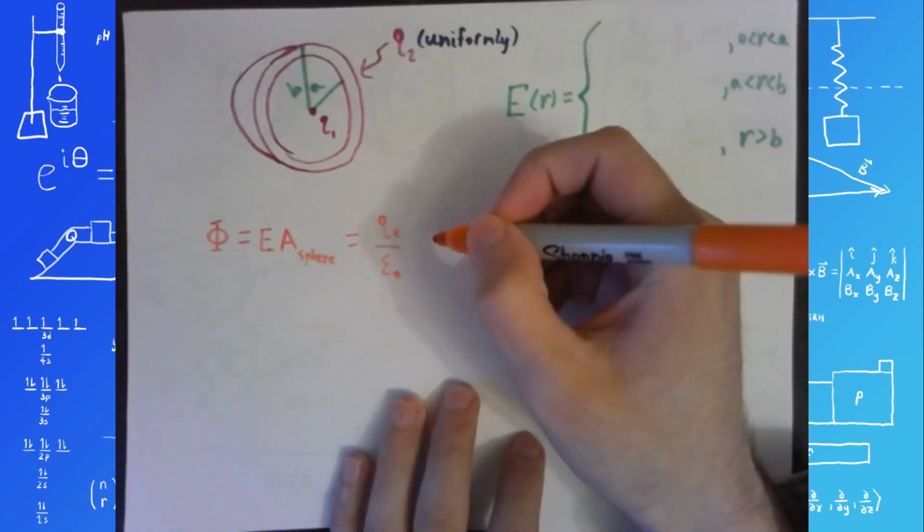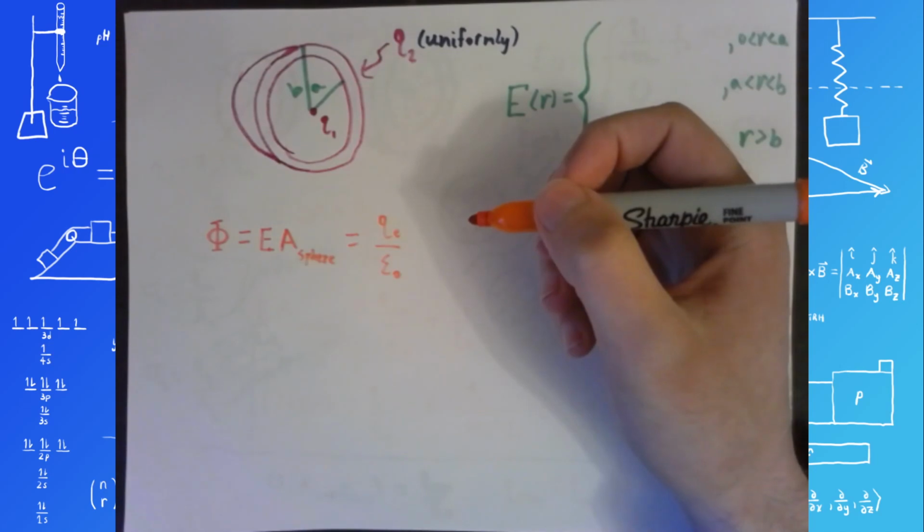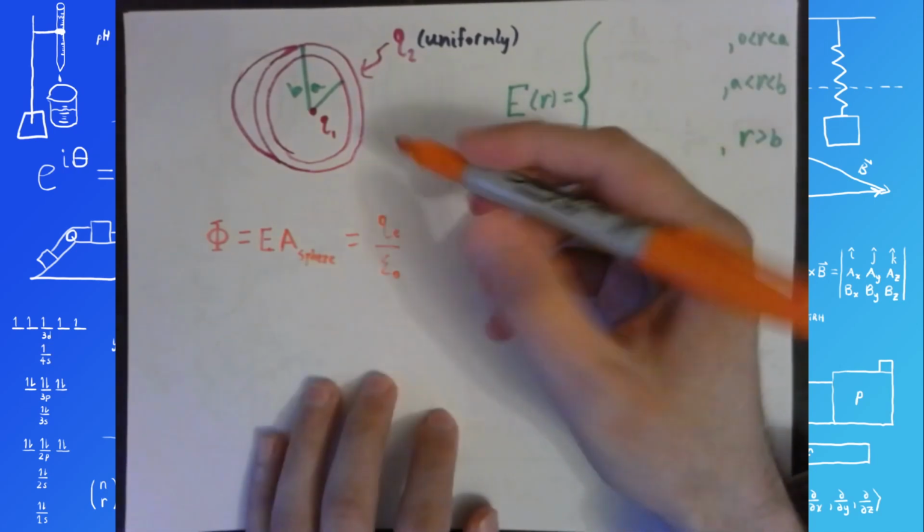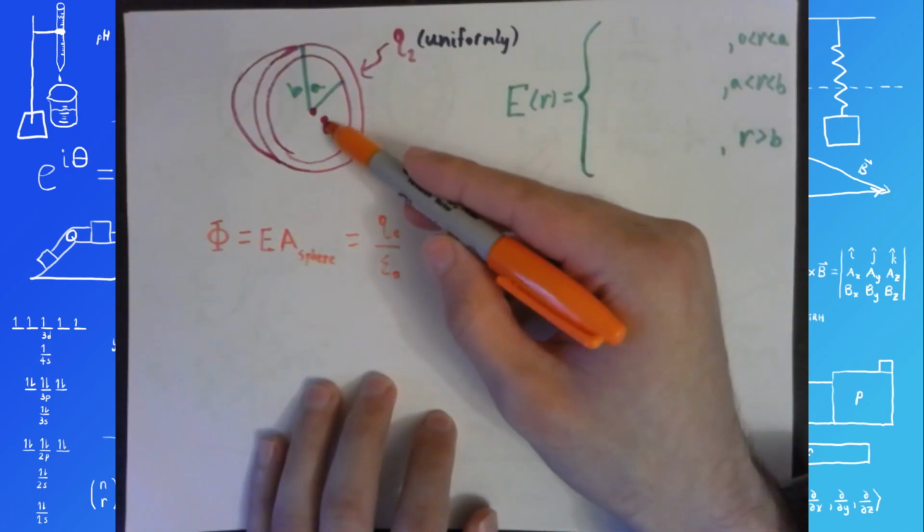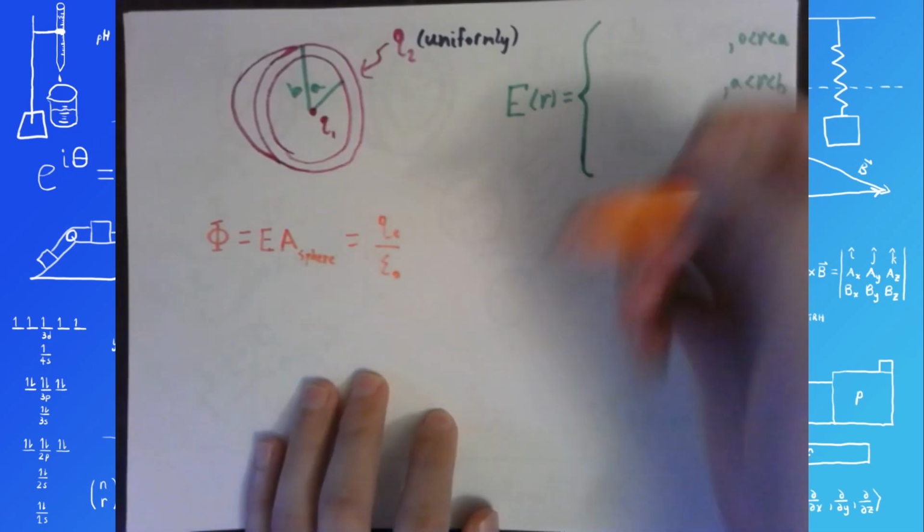Okay, getting that charge enclosed is usually the hardest part with these problems. For this one, pretty easy because the only charge we have is the point charge Q1.